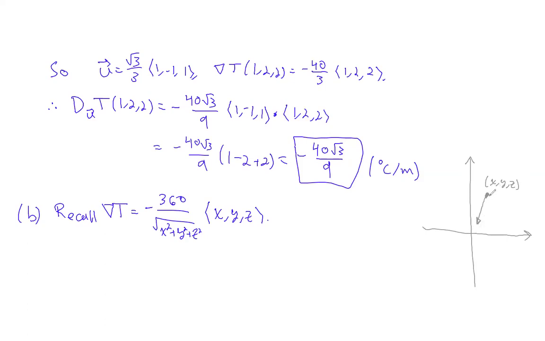It's in the opposite direction from where you were. So it's the same vector in this case, just times some negative constant. I don't know what that constant is, but it's negative c times x, y, z. The upshot of all of this is that the temperature increase is actually happening in the opposite direction.